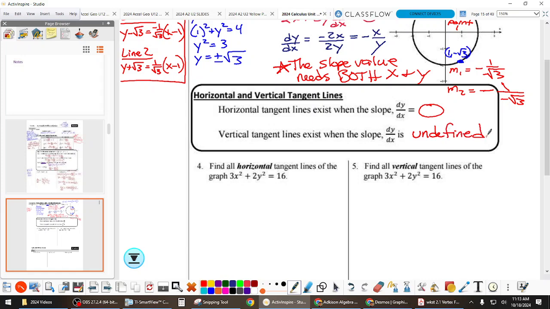So just think about setting something like this equal to 0, which means the numerator is 0, or making it undefined, which means the denominator is 0. And then we basically do the same process for the rest of it. So it's just a quick slope calculation in that.